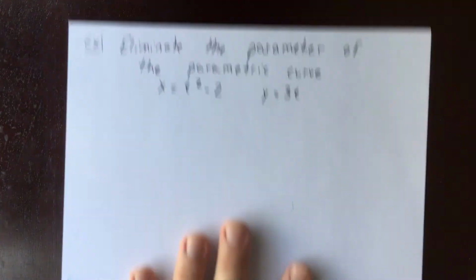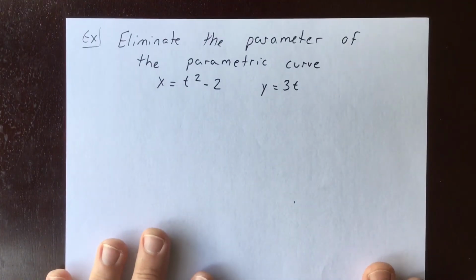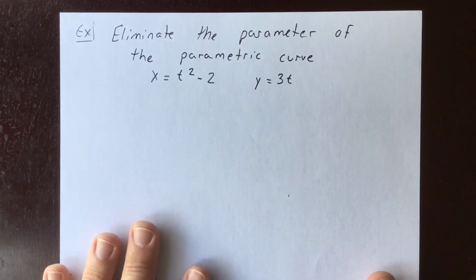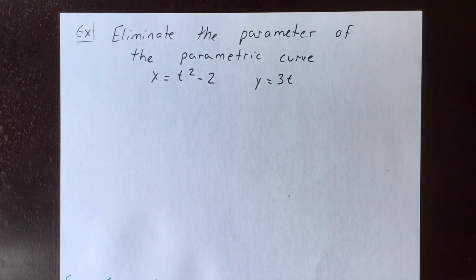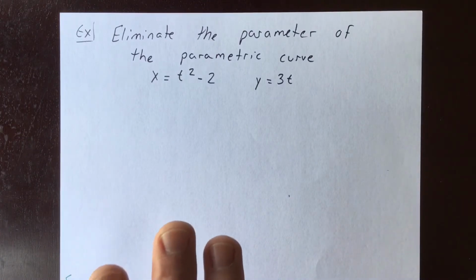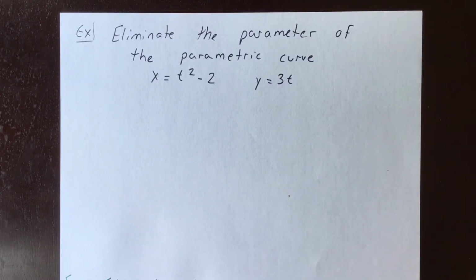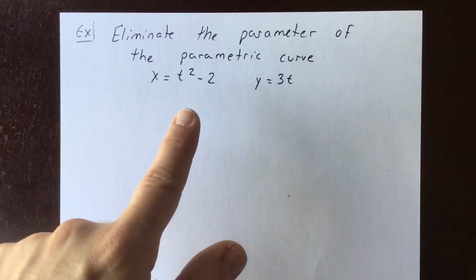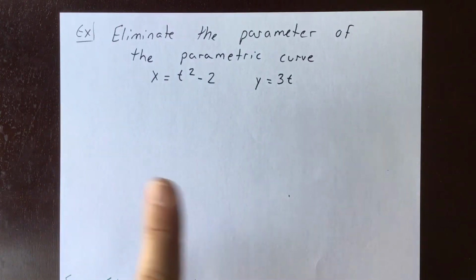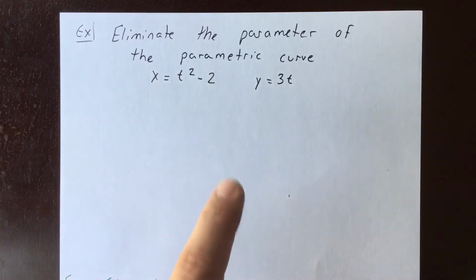So let's see what we have in our next one. Eliminate the parameter for the curve x equals t squared minus 2 and y equals 3t. Now, I know what I just told you: solve the first equation for t. But if I solve this first equation for t, I'm going to have a positive negative square root in the end because I have the t squared.